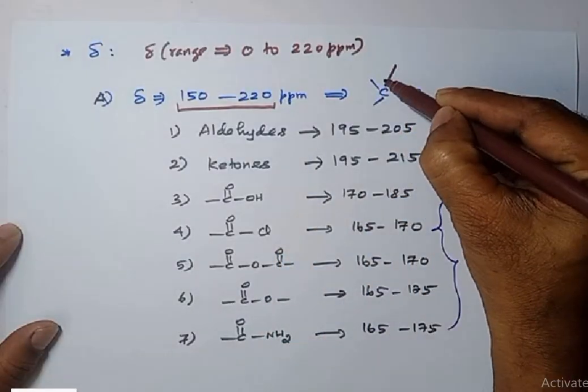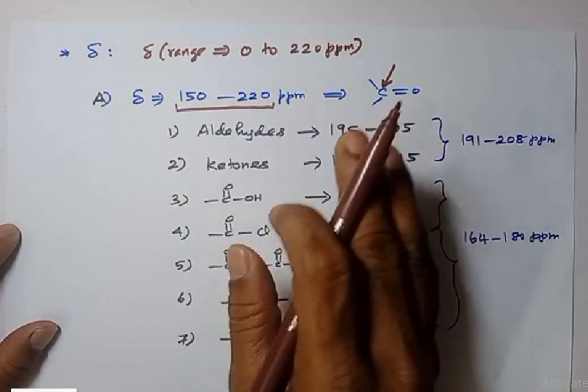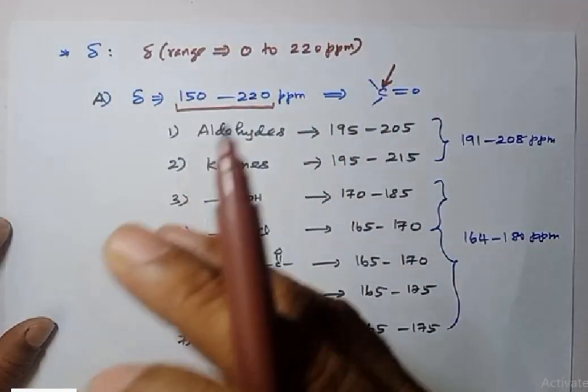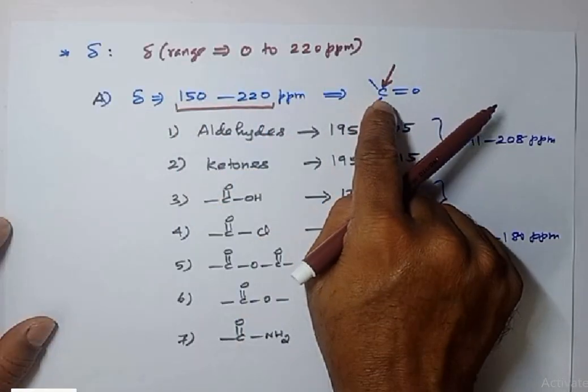It should be a carbon atom of the carbonyl group. Remember, above 150, if you get a signal, that signal is due to carbonyl carbon.